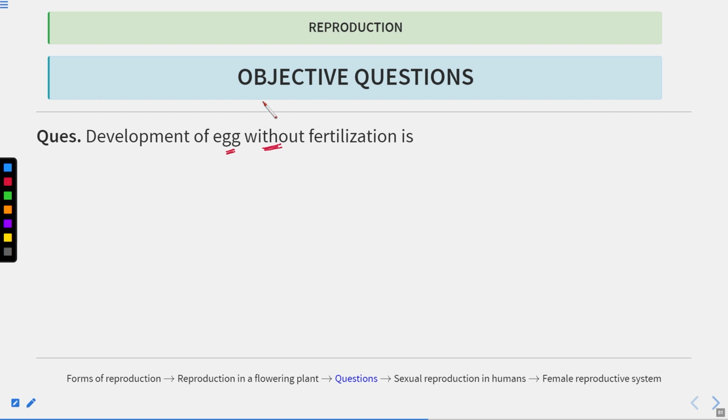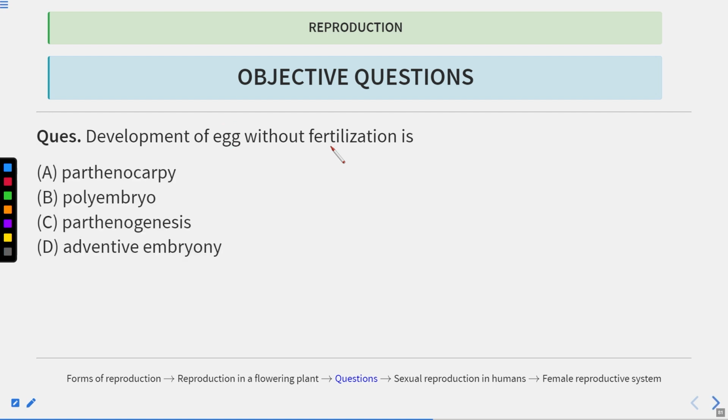But sometimes these eggs develop without fertilization. So this we have already discussed. What is this phenomenon called? This is known as, option A is parthenocarpy, option B is polyembryony, option C is parthenogenesis, and option D is adventive embryony.